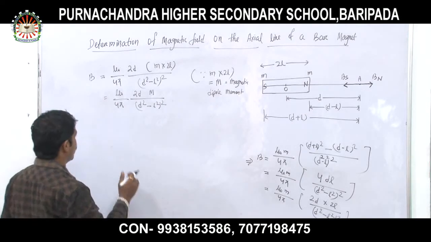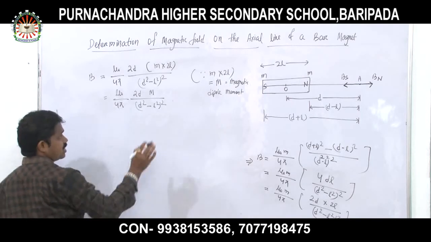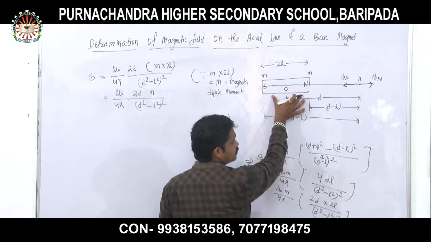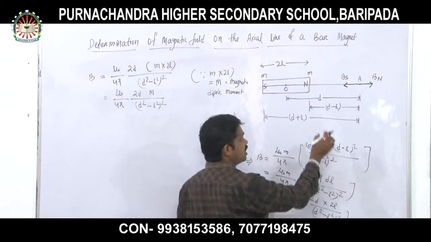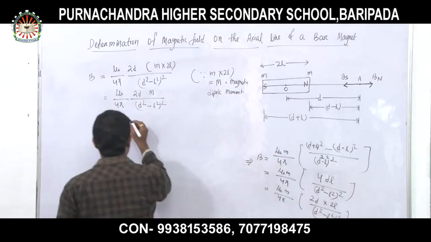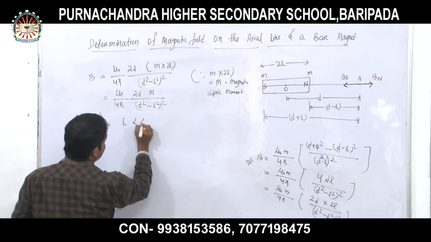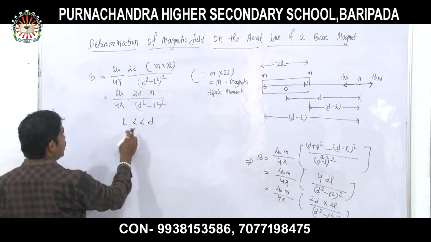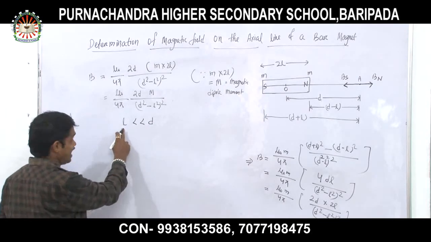Clear all of you? Okay. So this is the expression. But here there is a condition, or all of you can look at it. The length of the bar magnet is approximately negligible as compared to the distance d. That means L is much less than d. That's why the L can be neglected.